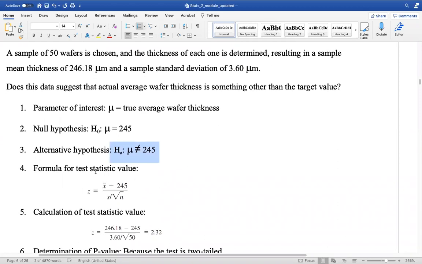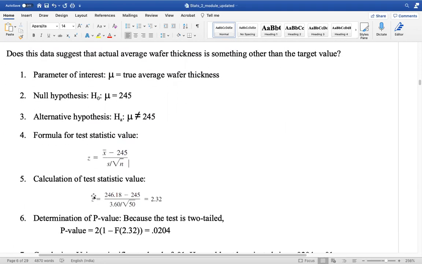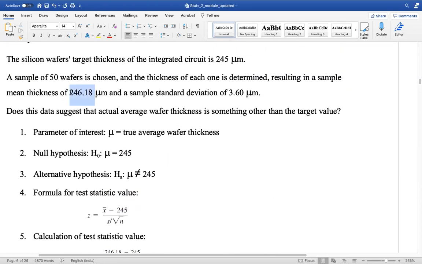And for that I can go for the z test. I can do that. For the z test, the formula is x bar minus mu, that is sample mean minus population mean, divided by the standard deviation by the square root of n, that is the sample size. When we calculate this value, x bar is 246.18.